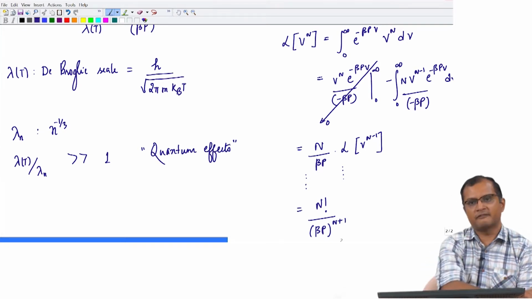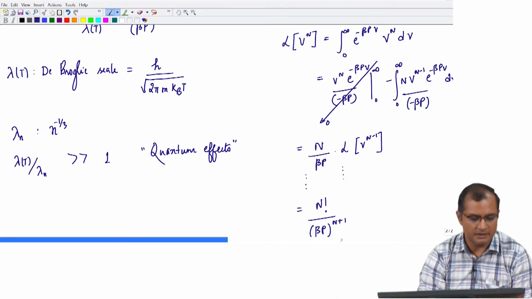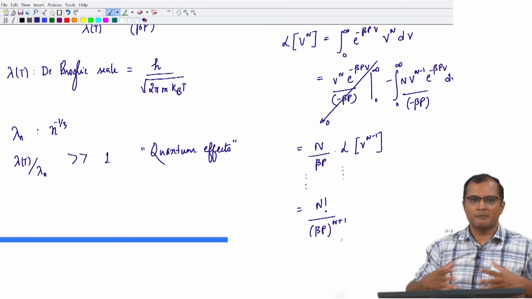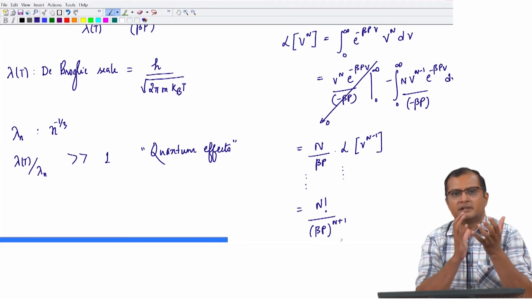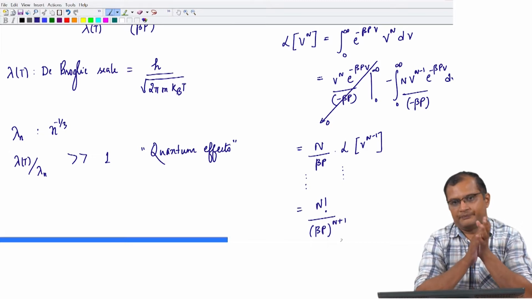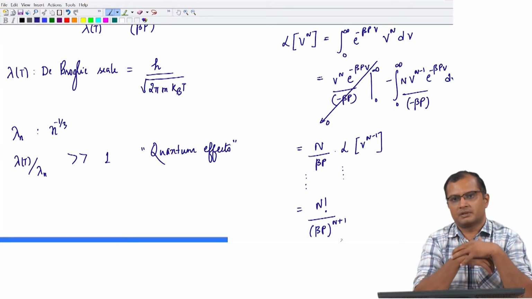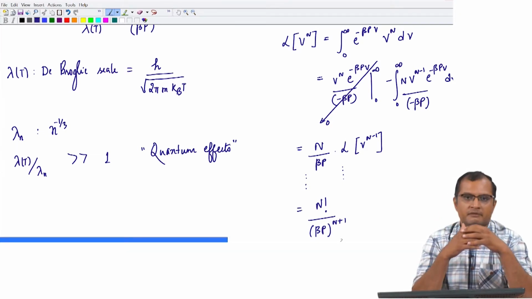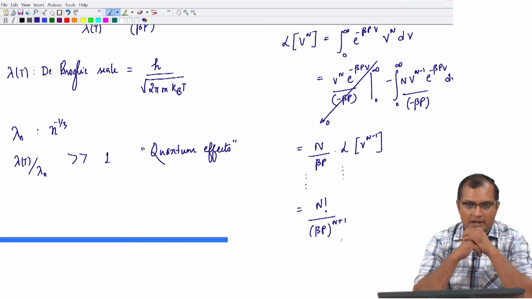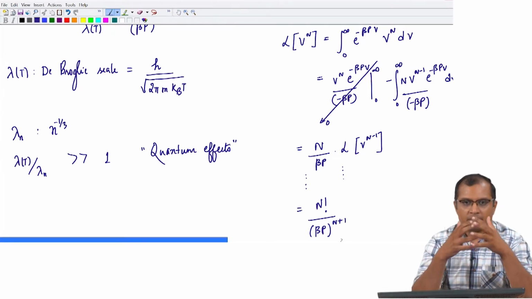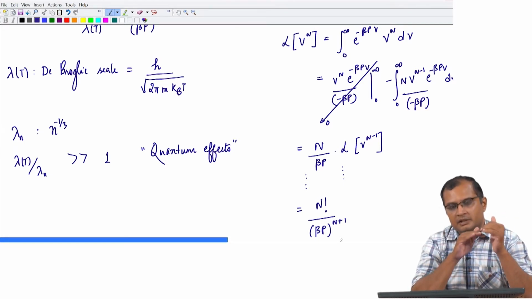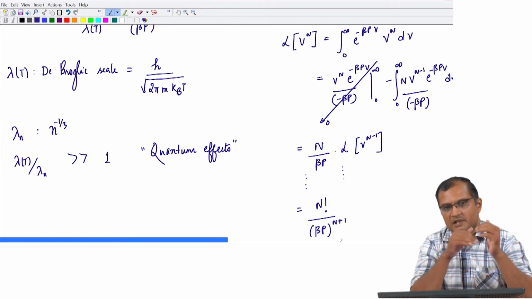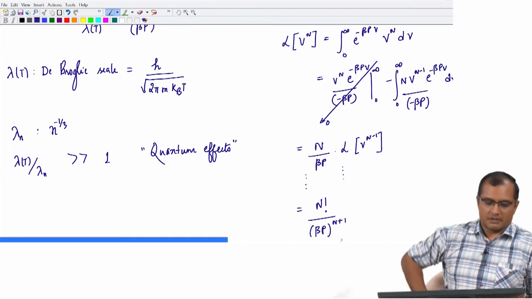Which is basically the fact that your density is so large that your density dependent length scale becomes very small. A large density would mean the density dependent length scale or interparticle separation is very small, particles are very close to each other, which means our lambda n will be very small. And if you have low temperature, then our de Broglie wavelength would be very large because it behaves as 1 upon square root T. It increases as inverse square root temperature.